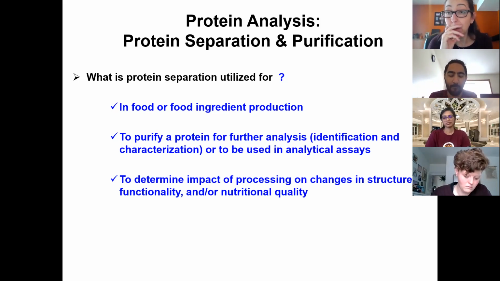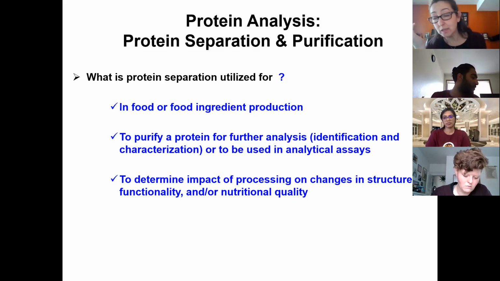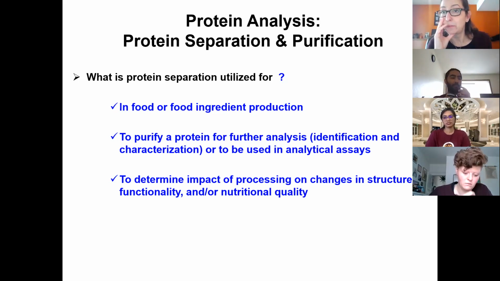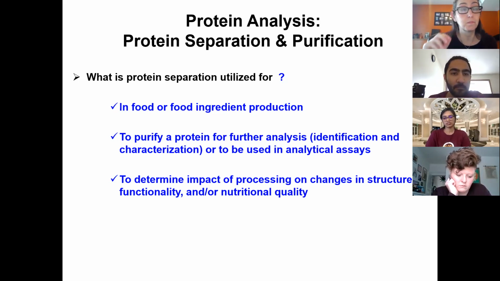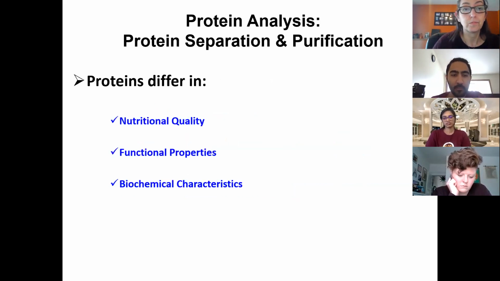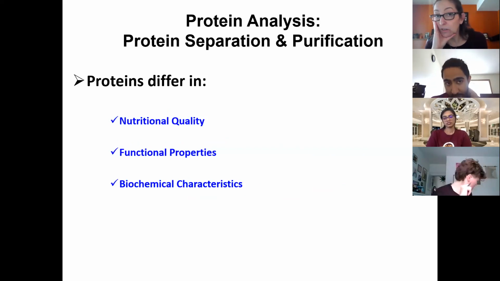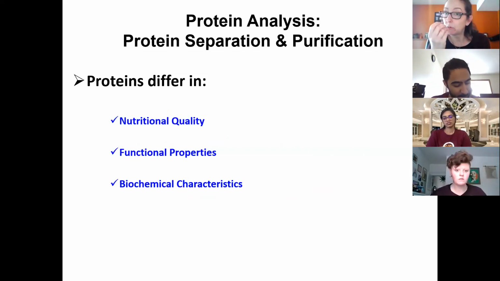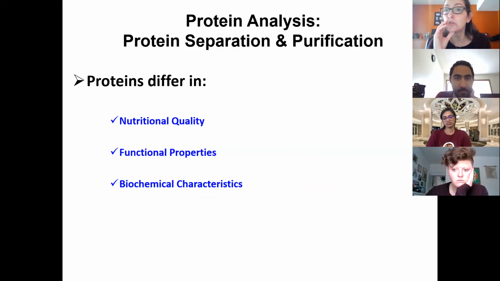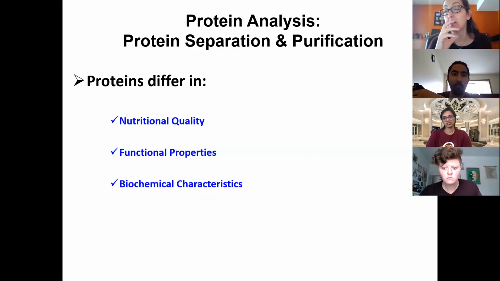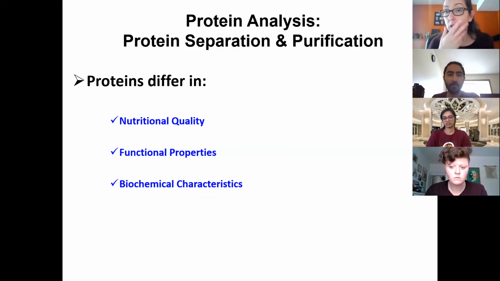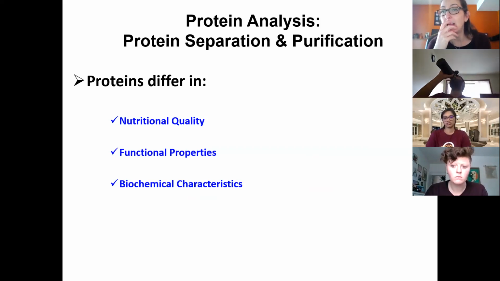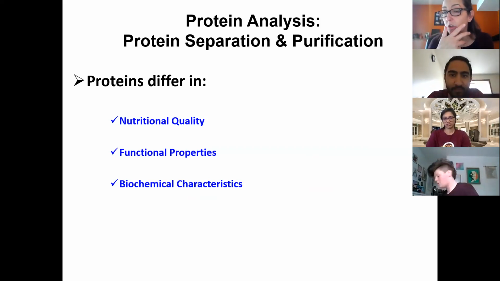So impact of processing, whether it is processing to formulate an ingredient or when we are formulating with the proteins: what happens to the protein structure, functionality, and nutritional quality? In order to understand how we can separate proteins and isolate them, we really need to know the specifics of these proteins that will allow us to separate them from a mixture.